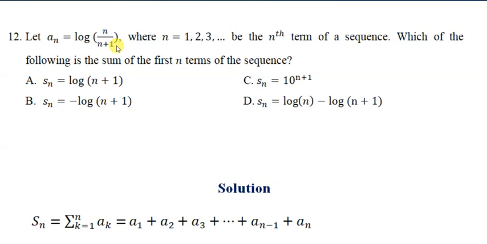But what we know is, by the rule of logarithm, you have learned this rule in grade 10, logarithm of x over y, this is a common logarithm in base 10, is always equal to logarithm of x minus logarithm of y.